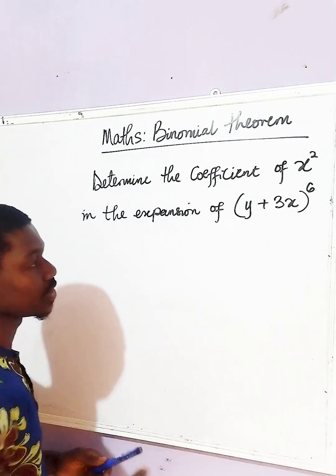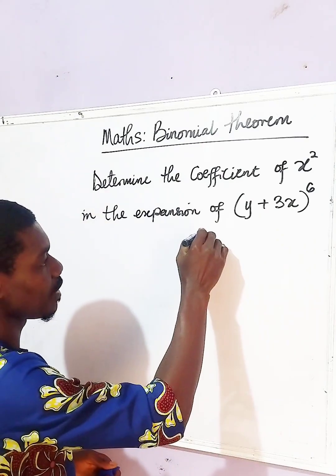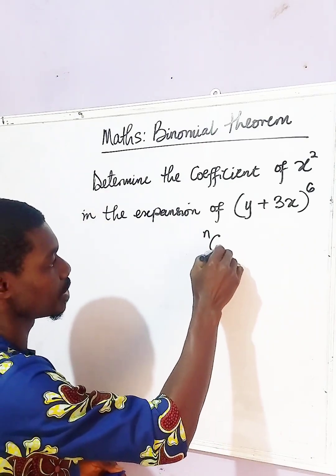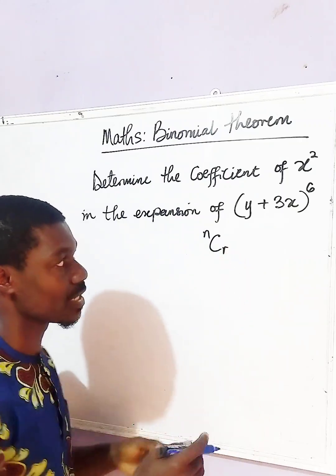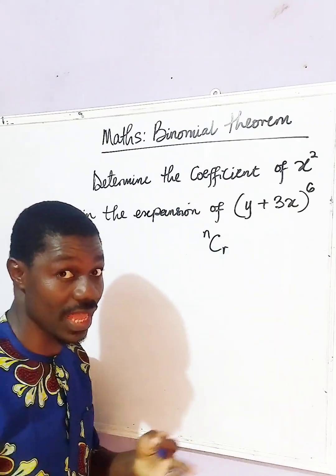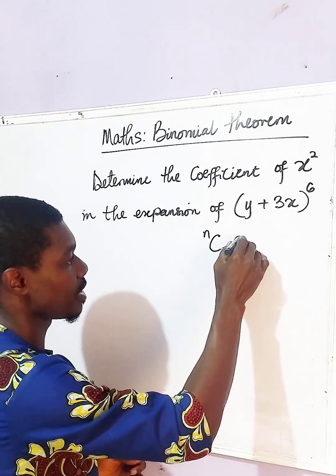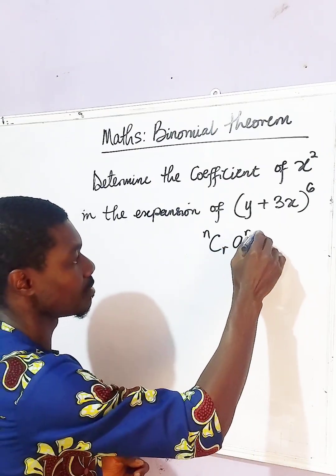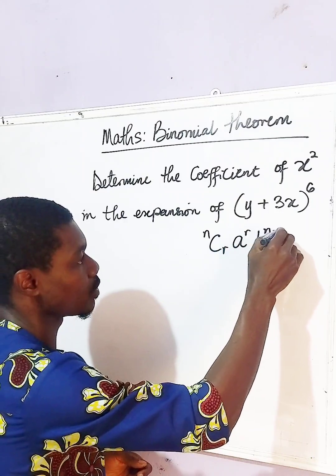And what does the binomial theory general formula say? It says n combination r, and in a case whereby the terms are, let's say, a and b, you have a raised to the power of r, then b raised to the power of n minus r.